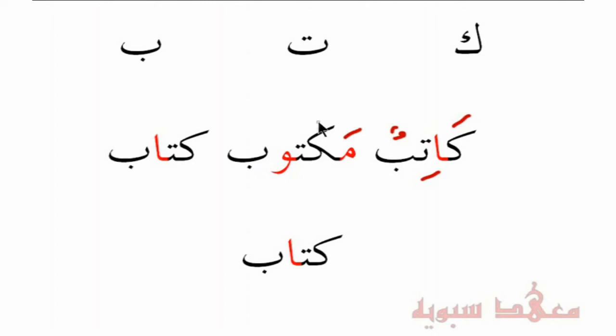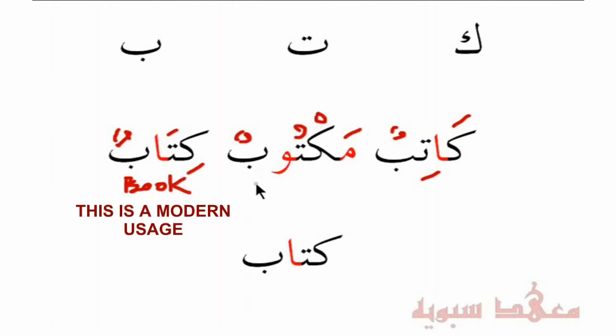Maktub is the thing that is written, the passive participle. Now kitab, on the other hand, kitab means a book. Sorry about that. A book.